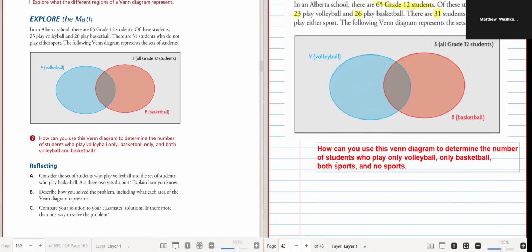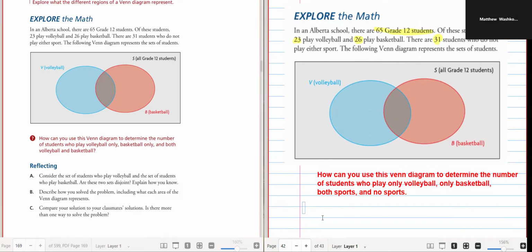Why is this a complicated thing? Why is this something that needs consideration? Well, it's saying that there's 23 people who play volleyball, 26 people who play basketball, and 31 people who don't play either of them. Now, if you add all of those numbers up, you end up with 80 data points.